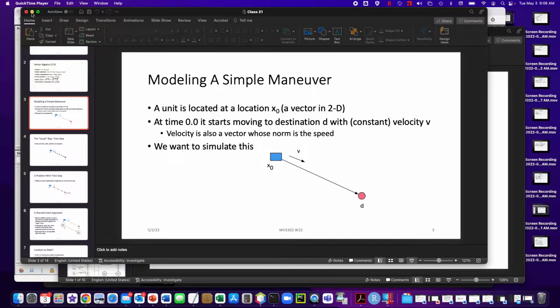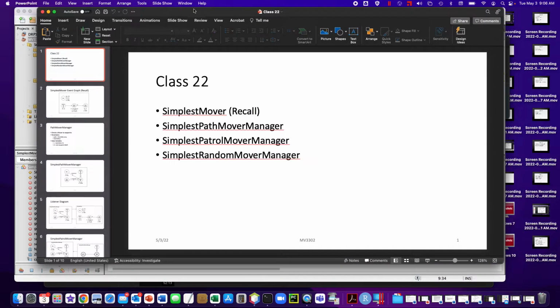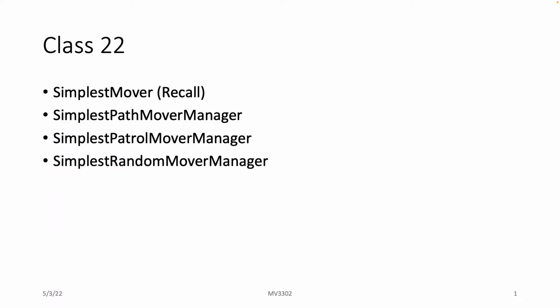So this is where we were, and what we had come up with was a component that I'm calling sort of the simplest mover, because this is about as simple as you can get.